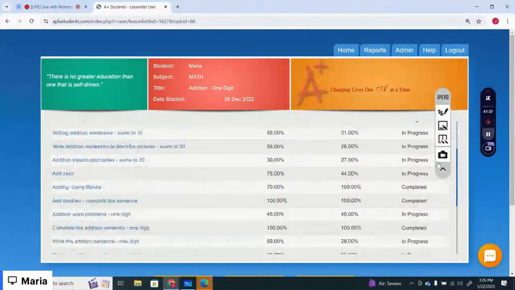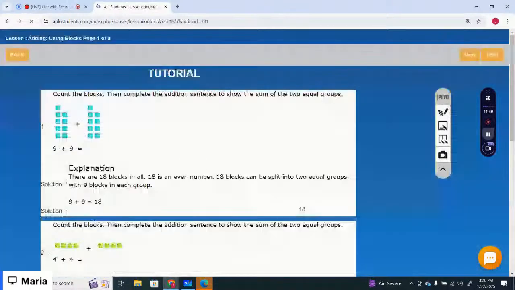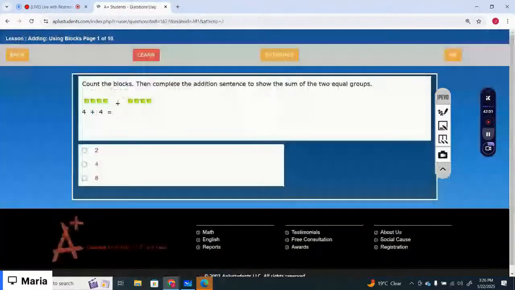The next lesson is adding using blocks. Let's just start with the test questions.